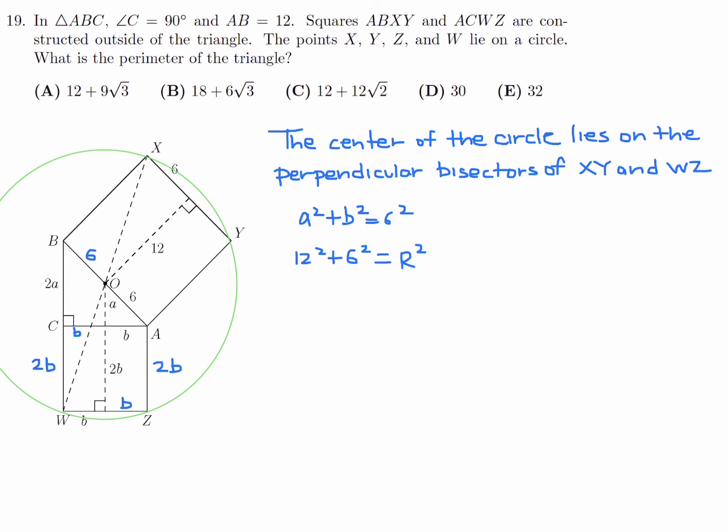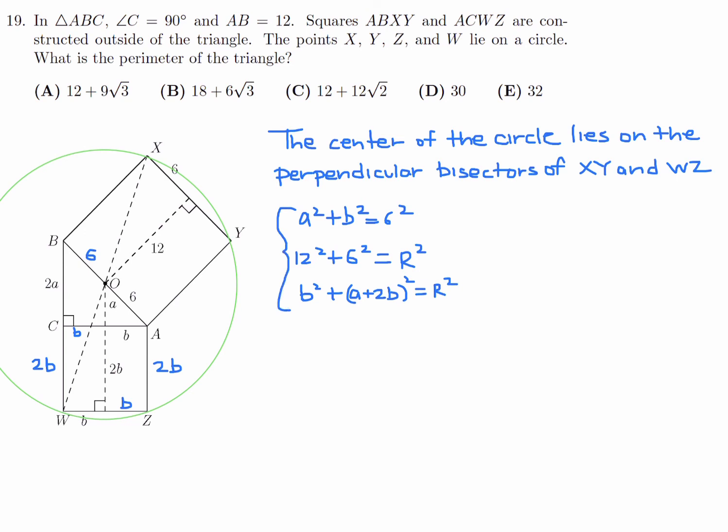And the last Pythagorean relationship I will use is this triangle right here. That one, we get B squared plus (A plus 2B) all squared is equal to R squared.